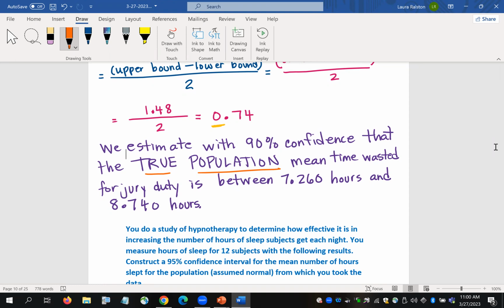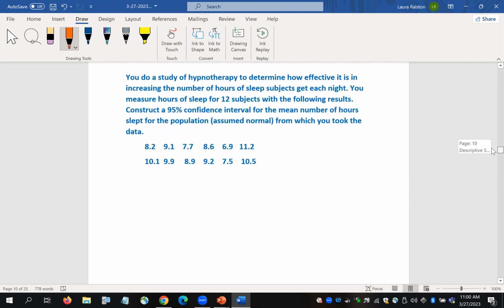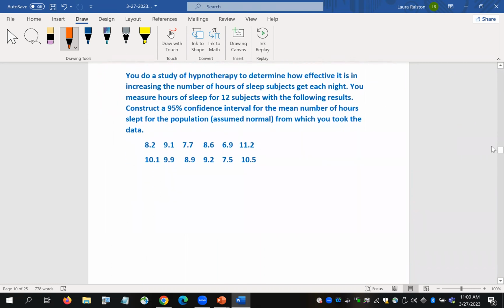Same process with just a little bit of a twist because you do not know the population mean. You can also have these problems presented with the raw data. This problem reads, you do a study of hypnotherapy to determine how effective it is in increasing the number of hours of sleep subjects get each night.